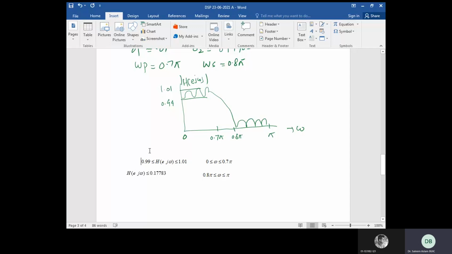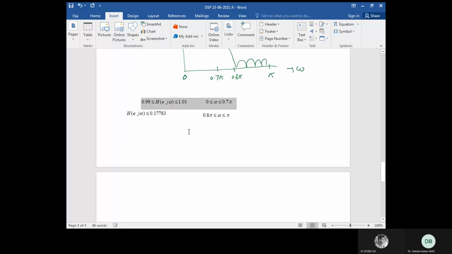From these equations, you have to find four quantities: delta 1, delta 2, omega pass, and omega stop. So anyone can find delta 1 out of this equation.